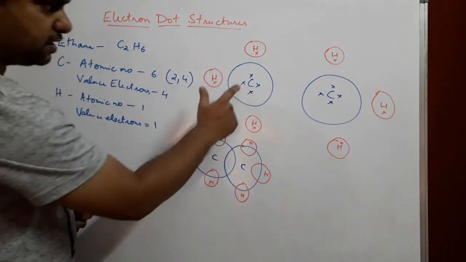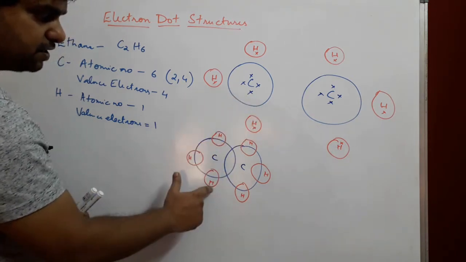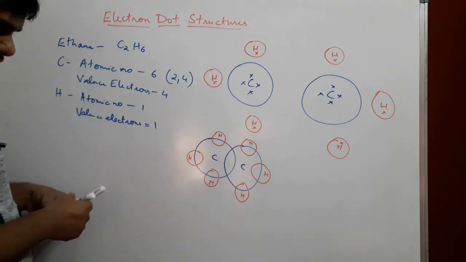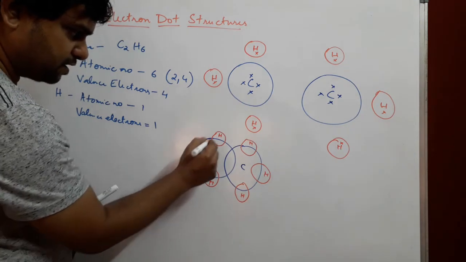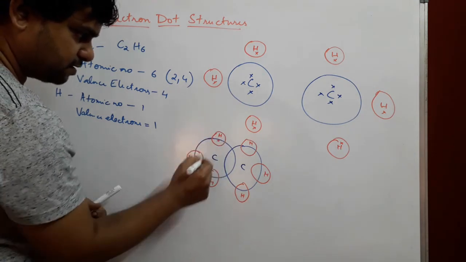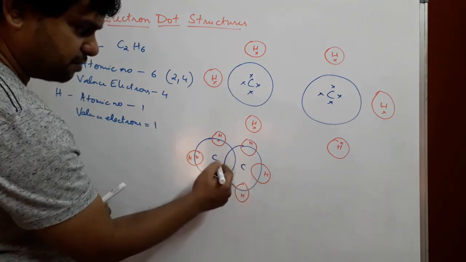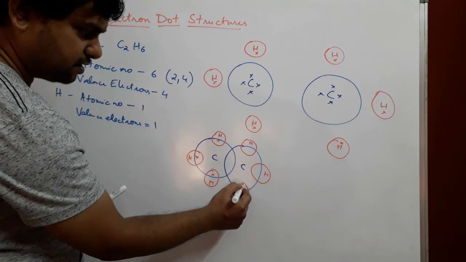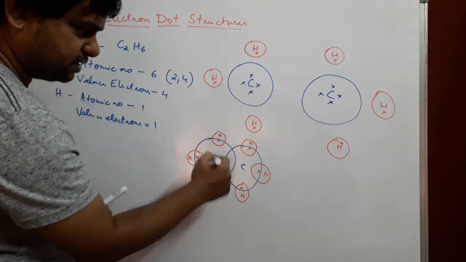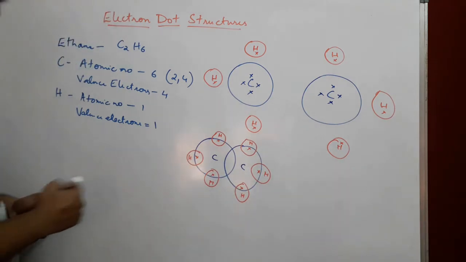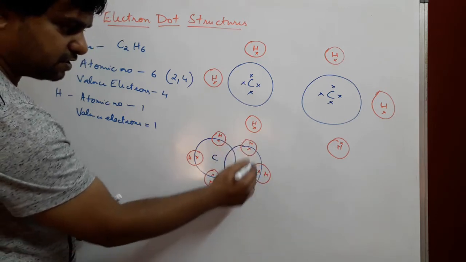Now the carbon atoms, each of them needs 4 electrons to gain stability. So 3 electrons come from the 3 hydrogen atoms. We'll mark the hydrogen atoms in red. For each carbon atom, we get 3 hydrogen electrons that are being shared with these carbon atoms, and the carbon atoms themselves share 3 electrons each with the 3 hydrogen atoms.